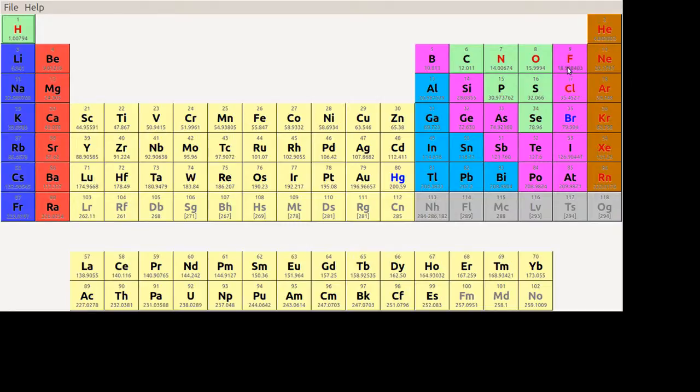So, when I was talking about fluorine and chlorine having similar chemical properties, it's because they're above each other on the periodic table. This column here, these gases are very inert. These noble gases won't react with other gases. That was a behavior that was noticed. These elements have a tendency to form compounds with these elements.